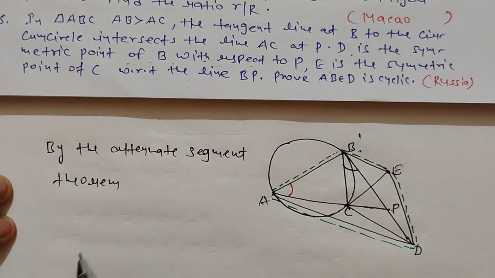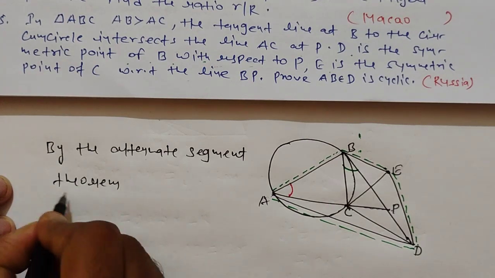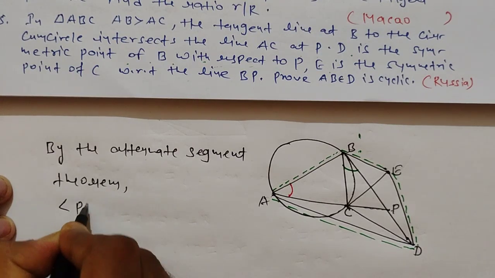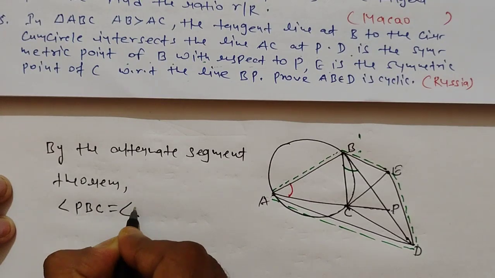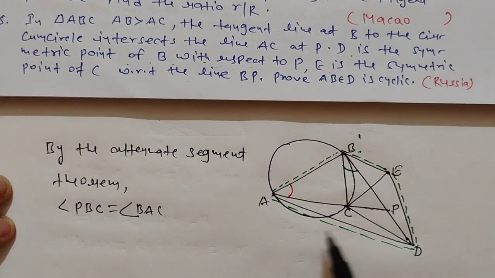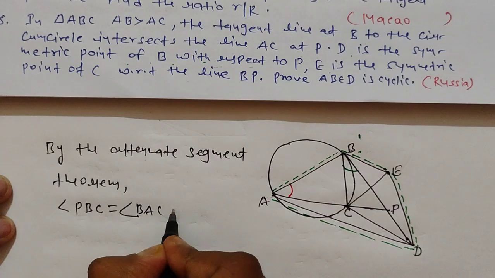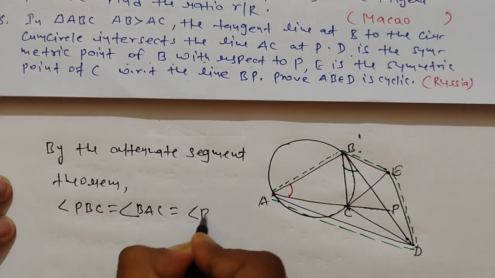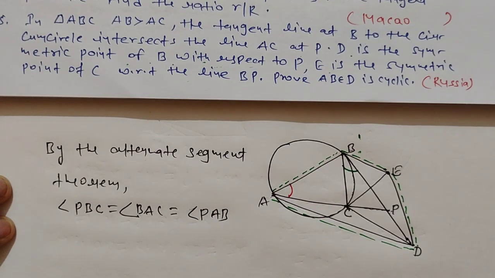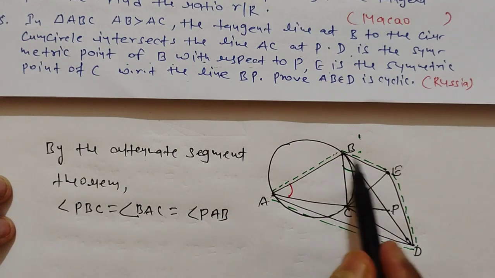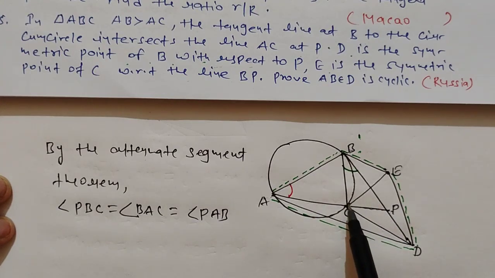So we can write that the angle PBC is equal to angle BAC, and this is equal to angle PAB, and therefore the triangle PBC and the triangle PAB both will be similar.